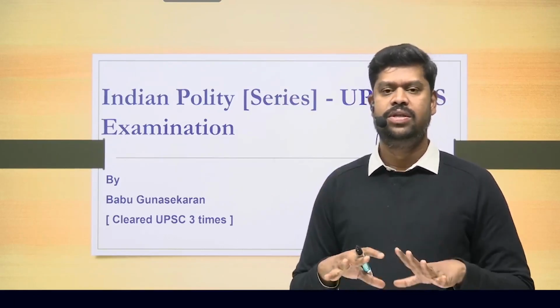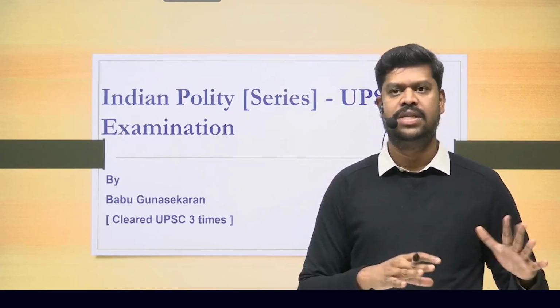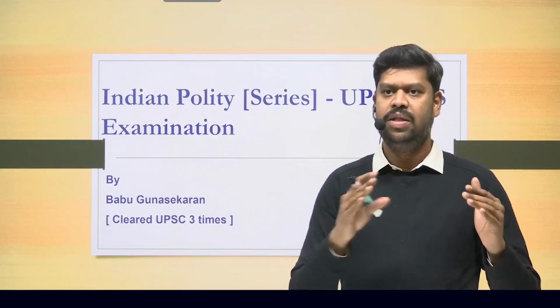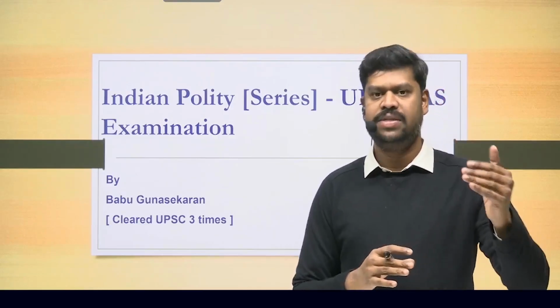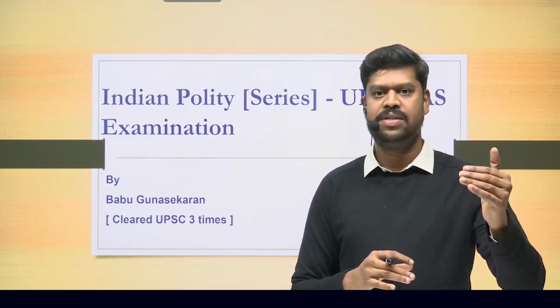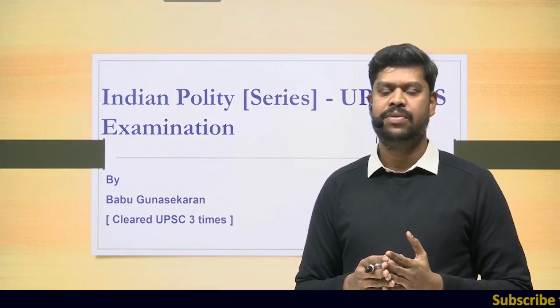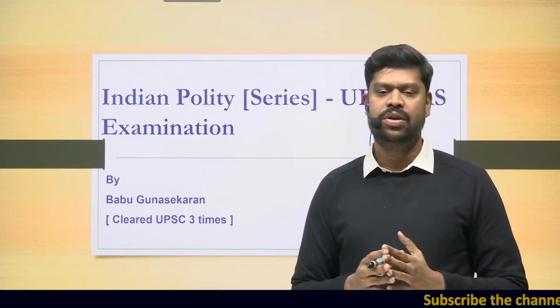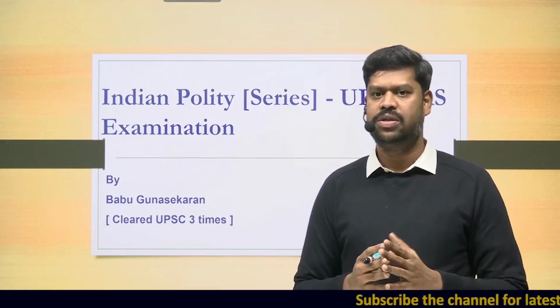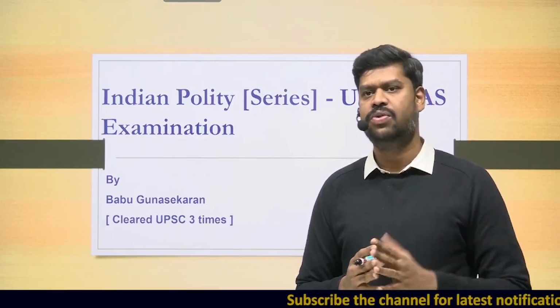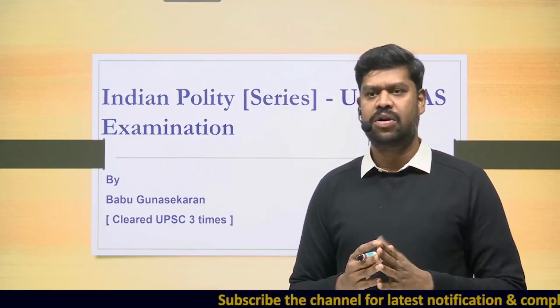As per the constitution of India, the union executive consists of the President of India, the Vice President of India, and the Union Council of Ministers, including the Prime Minister. In addition to that, we will also see the Attorney General of India and the Comptroller and Auditor General.